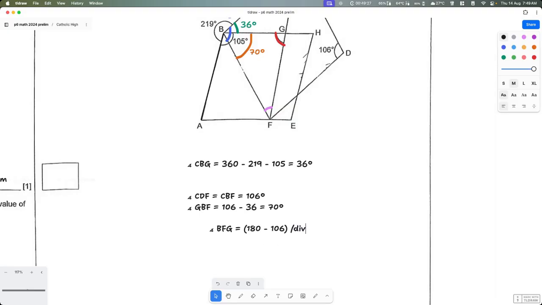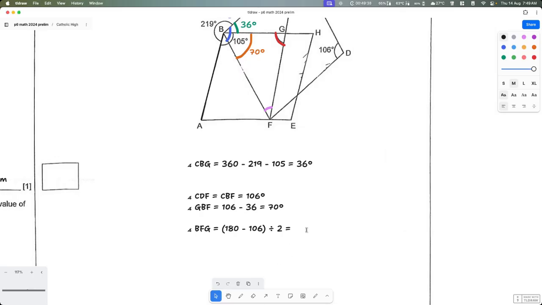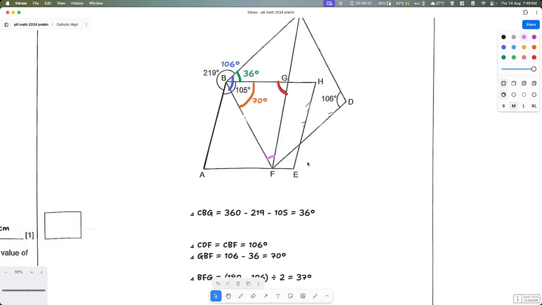So 180 minus 106, and then we divide by 2. This will give us 37 degrees over here. So this is 37 degrees, like this.